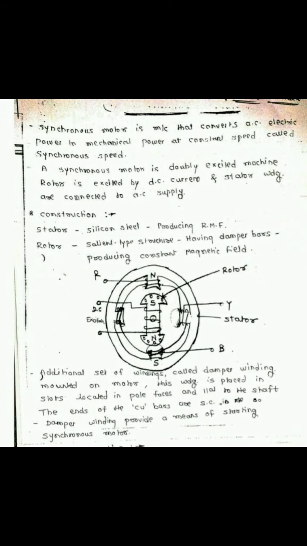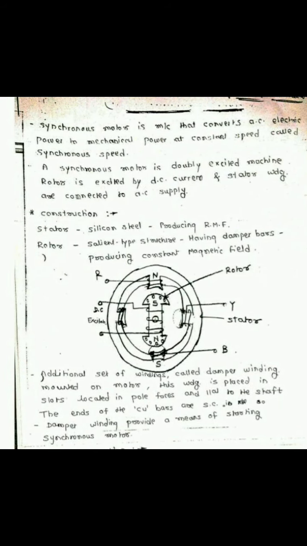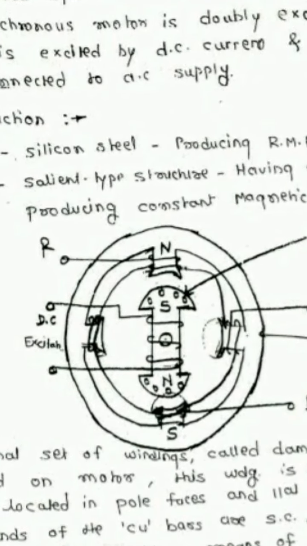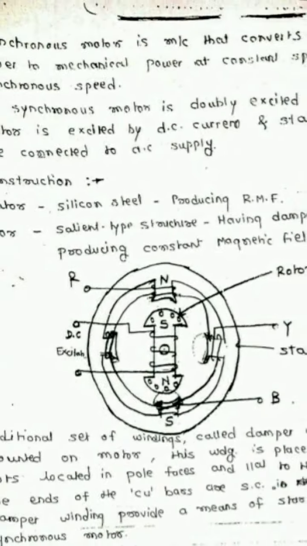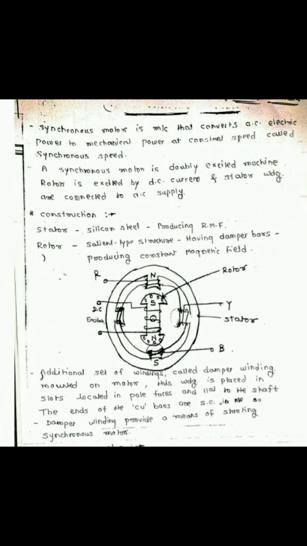The ends of the copper bars are short-circuited. The damper winding provides a means of starting a synchronous motor. This winding is mounted on the rotor of the synchronous machine, and is called the damper winding. Detailed discussion later on.